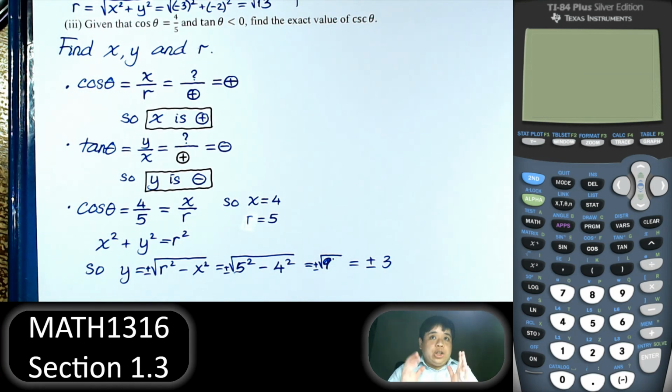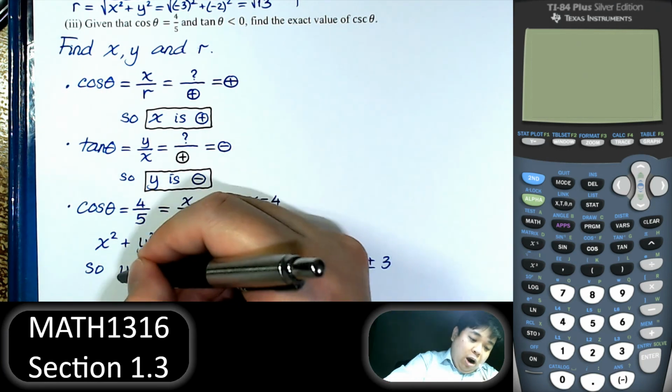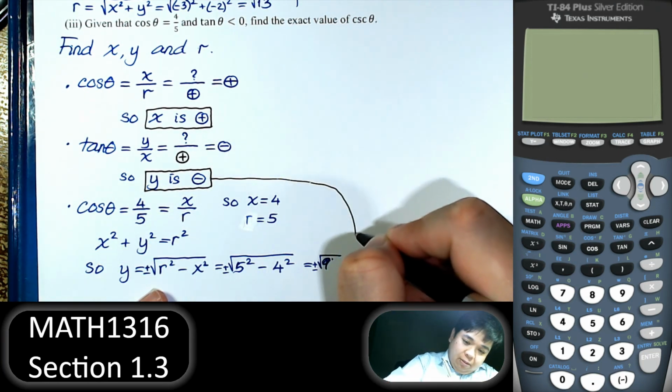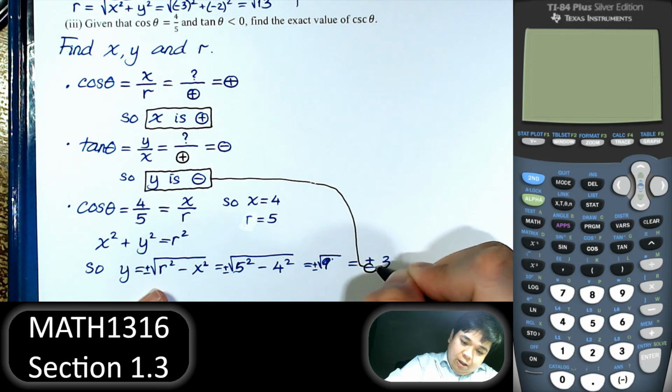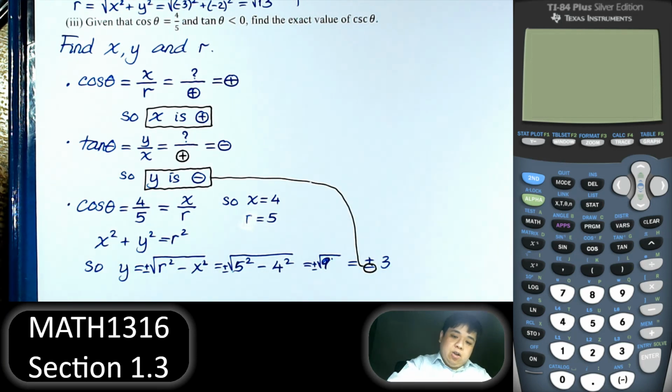Remember, r is always positive, so we don't worry about plus or minus for it. But when we solve for x or y, they could be negative or positive, so always put plus or minus when we solve for x or y. And in this case, y is negative. So y is negative 3.